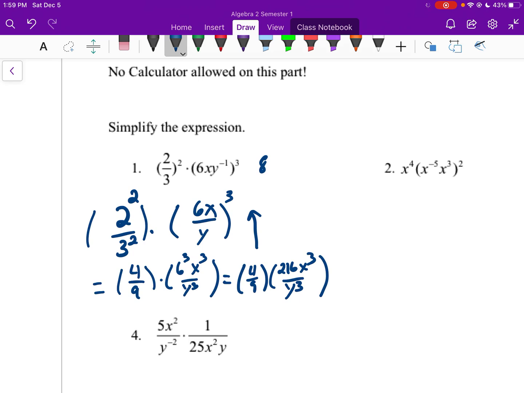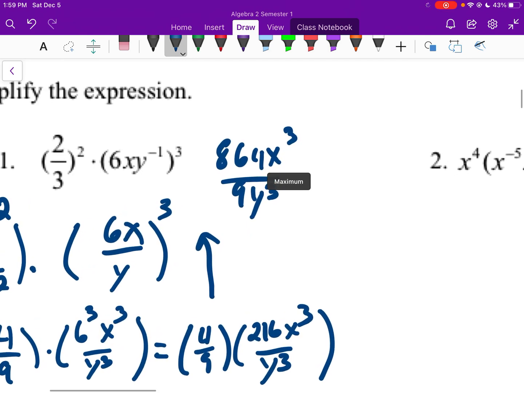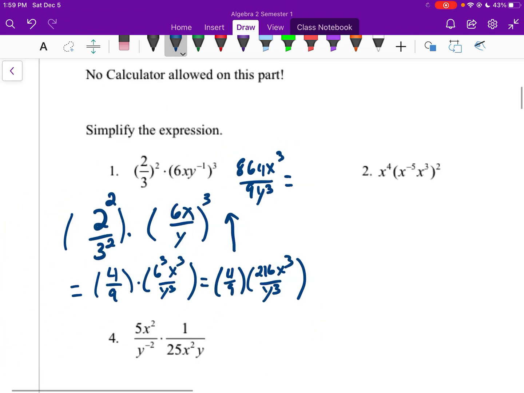You're going to end up with 864 x cubed over 9y cubed. So then from there, I only have 1x, 1y. It's a matter of looking at that 864 over 9, and that would simplify to 96. So then we got 96x cubed over y cubed.